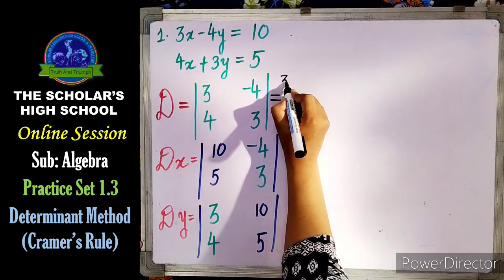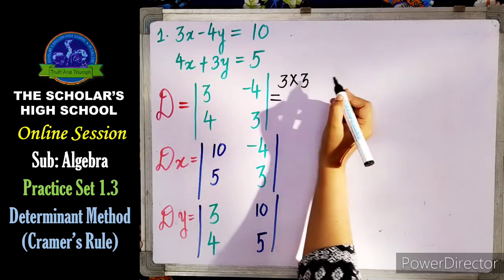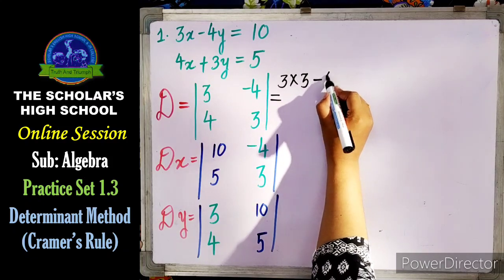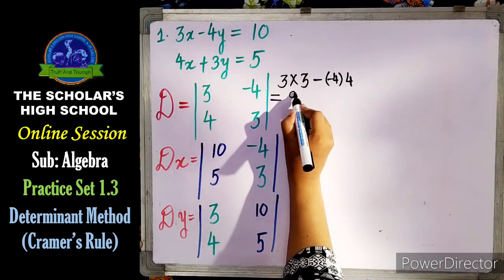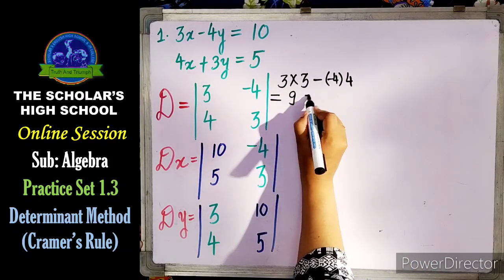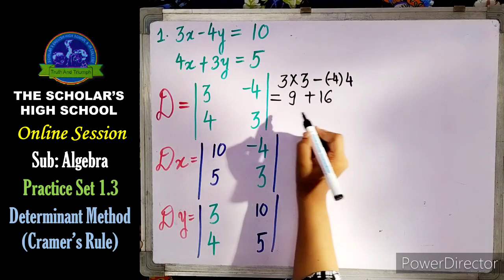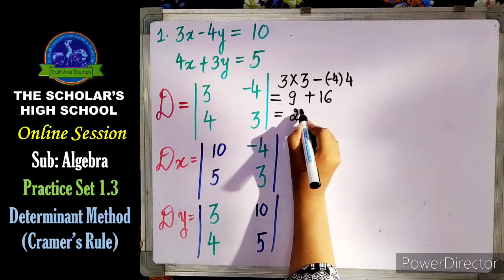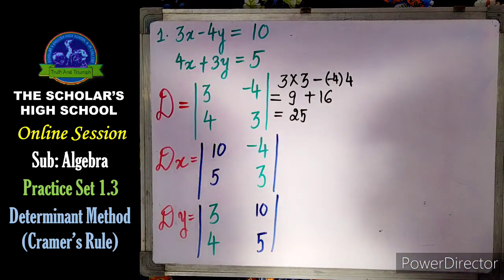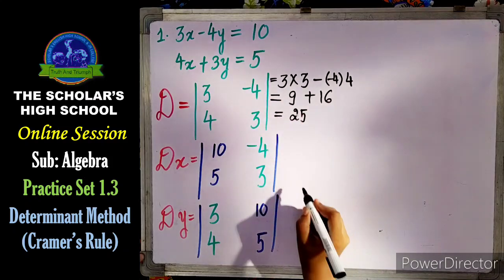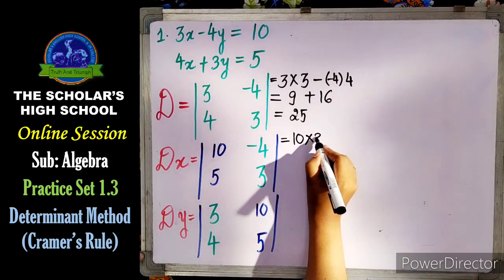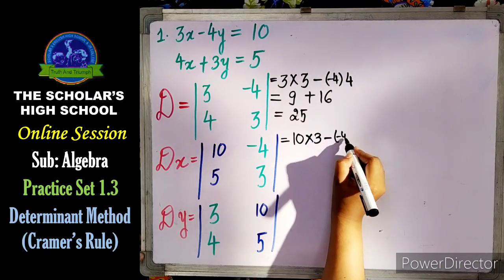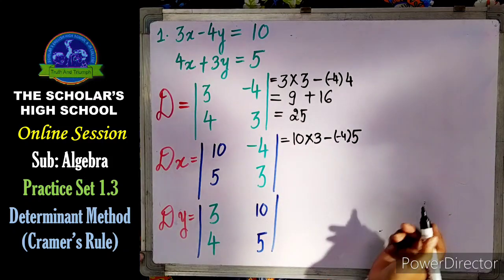3 3s are minus, then minus 4 multiply by 4. Your 3 3s are 9, minus minus plus, 4 4s are 16. So the value is 25. 16 plus 9 is 25. Now next one, 10 multiply by 3, then minus 4 multiply by 5.